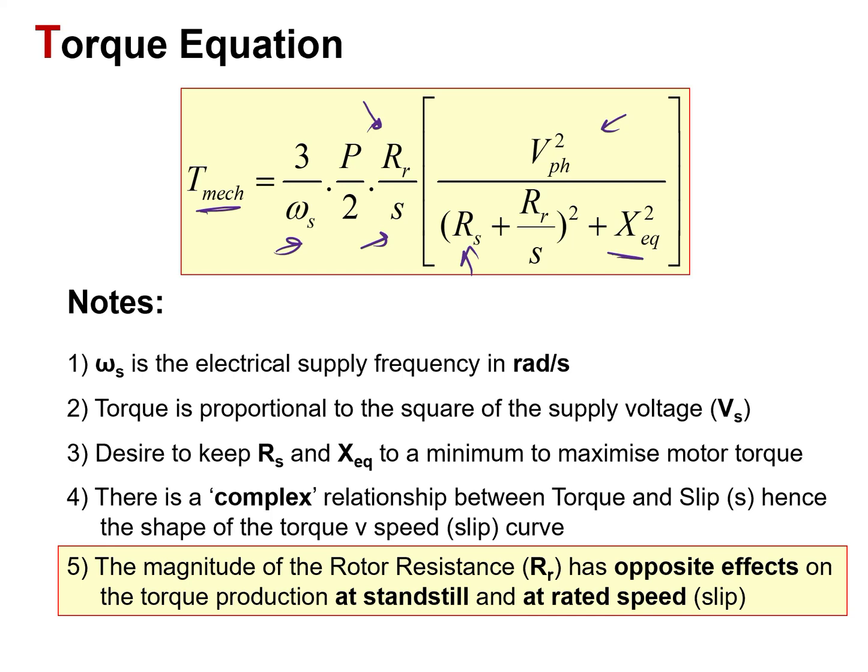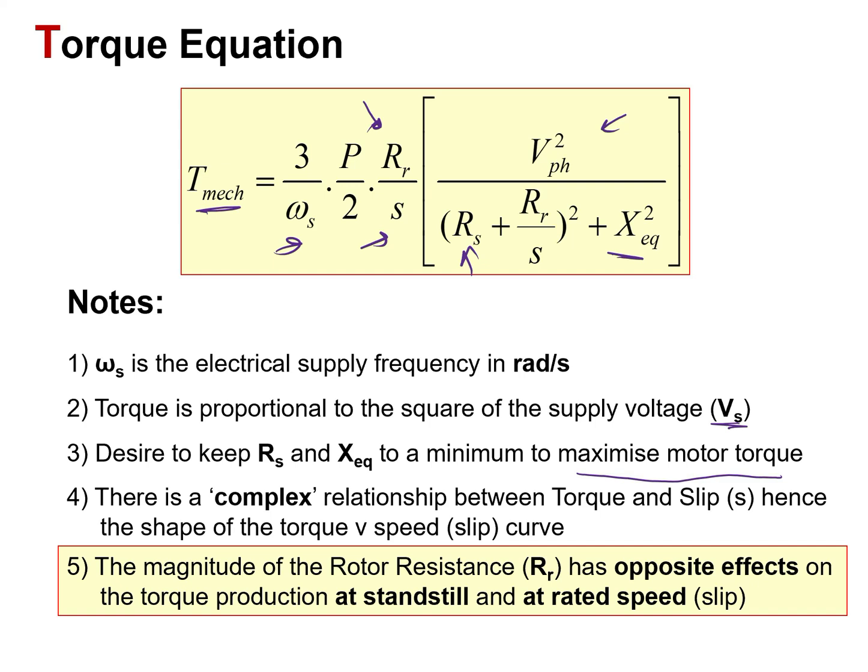So in here, omega s is the electrical supply frequency in radians per second. And notice that the torque is proportional to the square of the supply voltage, Vs. And if we desire to keep Rs and the equivalent reactance to a minimum, we will maximize the motor torque. This is one way of increasing the motor torque.